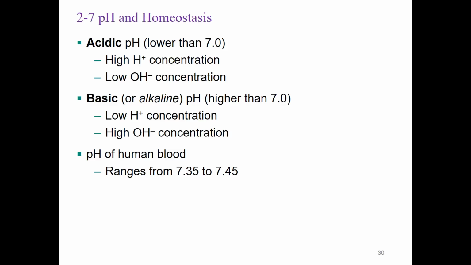It's going to have a low hydrogen ion concentration and a high hydroxide concentration. The pH of human blood ranges from 7.35 to 7.45. That would be considered the homeostatic range, like we talked about homeostatic ranges back in chapter 1.